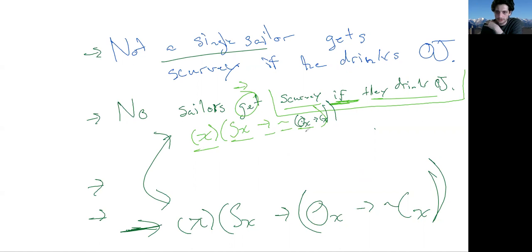So what I'm going to do there is just use good old-fashioned equivalence rules. So what we're going to do is do a material implication to that conditional. Right, and then we can do De Morgan's.